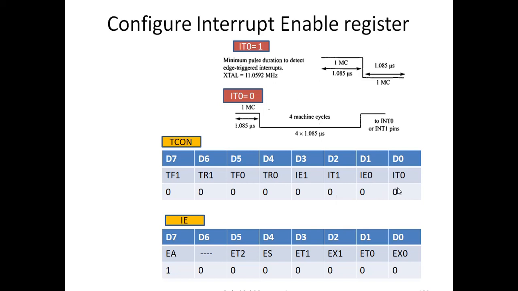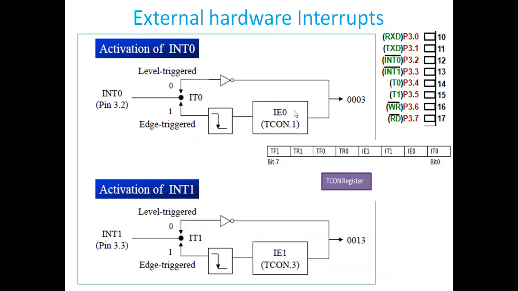If you want edge trigger, you make IT0 and IT1 as 1, then the corresponding pin is recognized as the edge trigger input. Once the edge trigger input is recognized, the interrupt is going to be invoked. Before that, this IE0 bit is going to be set. After that, the interrupt is invoked.